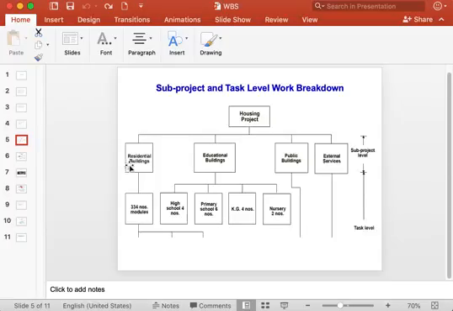So you can see one example here. The residential building is broken down into 33 numbers of modules, and this educational building is broken down into 4 parts.